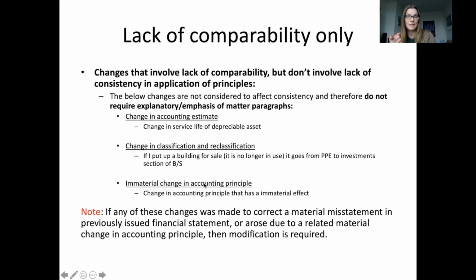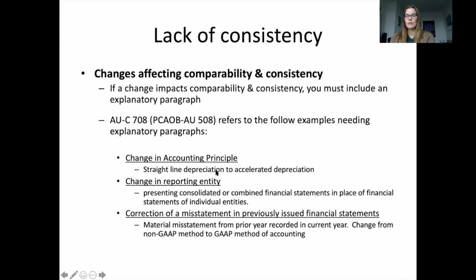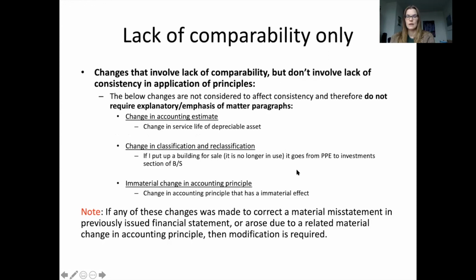And if you have a change in accounting principle, but the impact is immaterial, you don't have to mention it. It could even be like you're going from straight line to accelerated depreciation, but there's no material impact on the financial statements, right? So let's say I'm Apple, I make this change and it's only like a 50K difference, right?